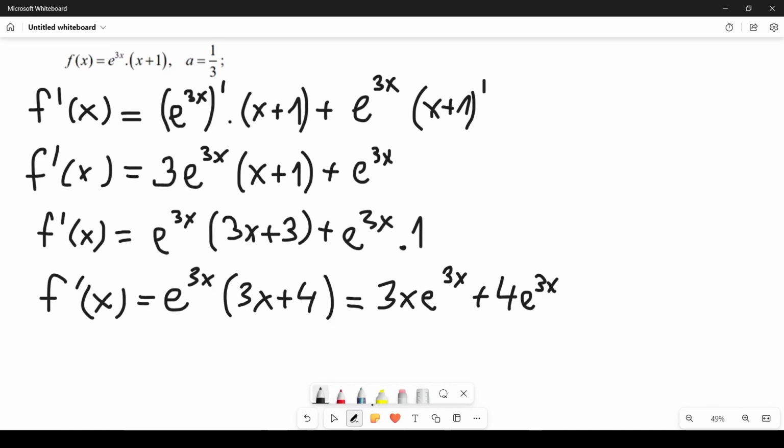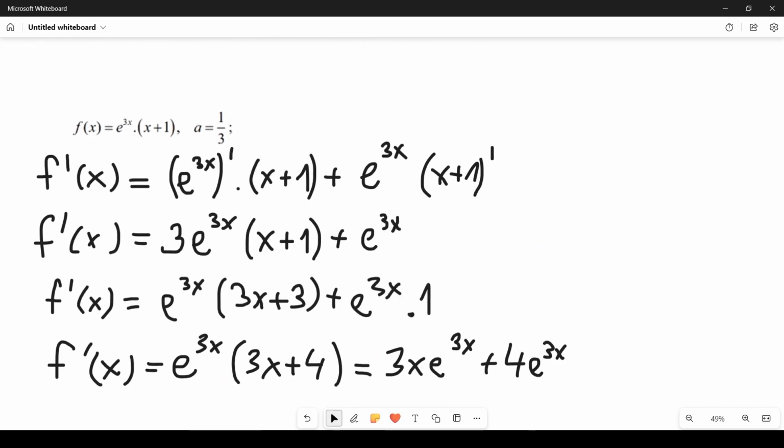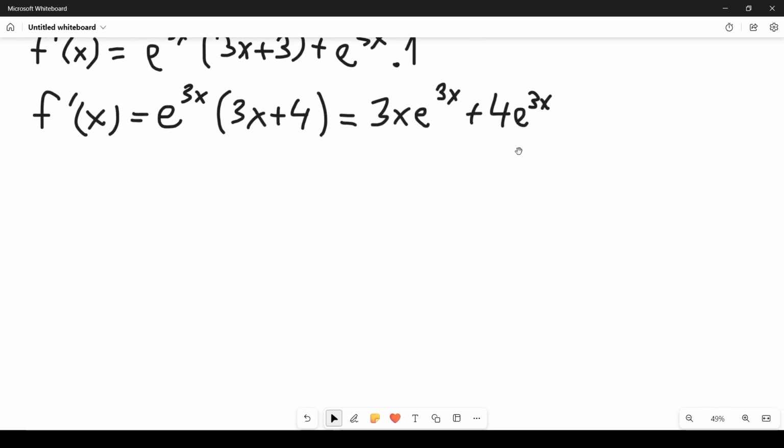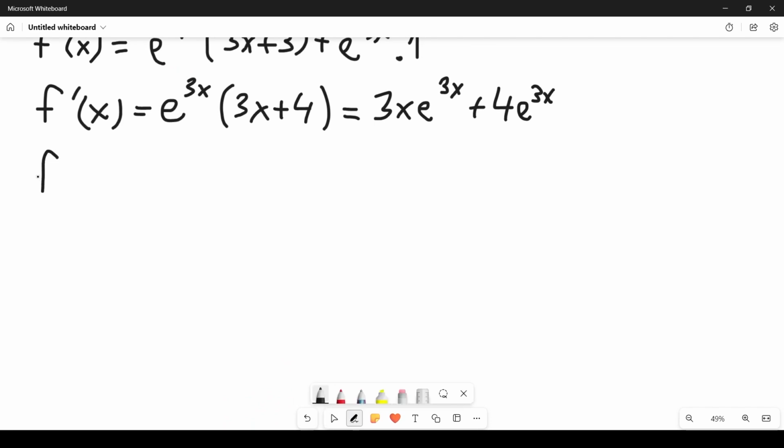And now, when we know what the derivative is, we can replace x with 1/3. So what we do now is simply take the derivative of the function, but with 1/3 in the brackets. We can write that e to the power of 3 times 1/3, which is just 1, times (3 times 1/3 plus 4).